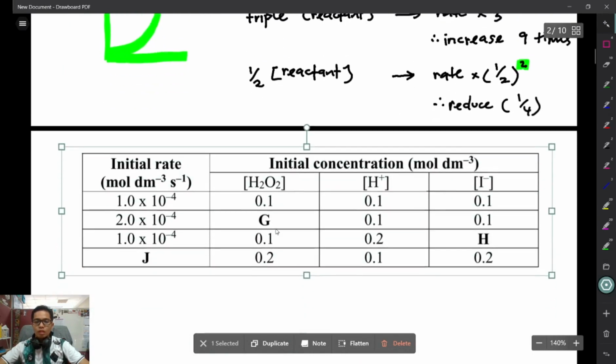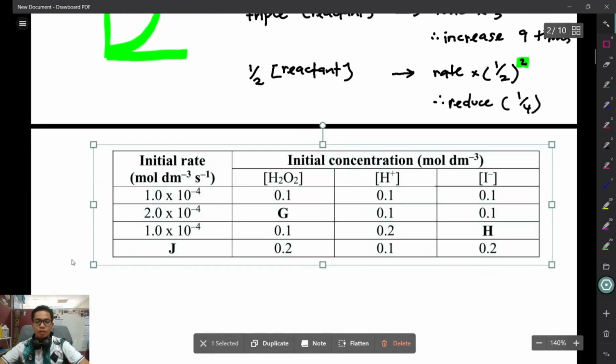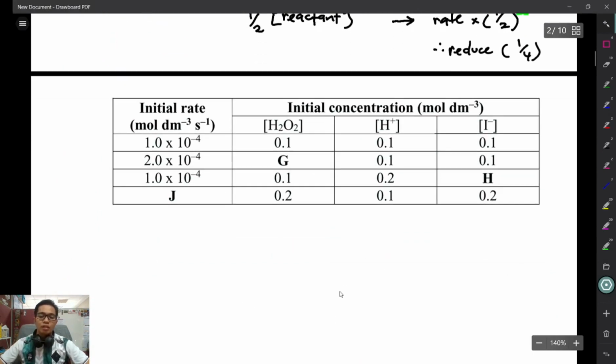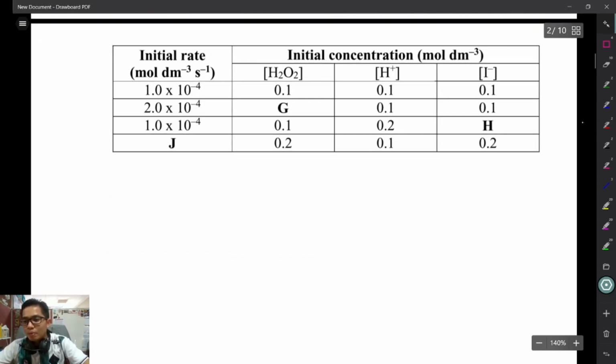The question is actually asking for this part. Okay, we need to predict the value of G, H, and J. So first we label this one as experiment 1, this one as experiment 2, experiment 3, and the last one J, experiment 4.